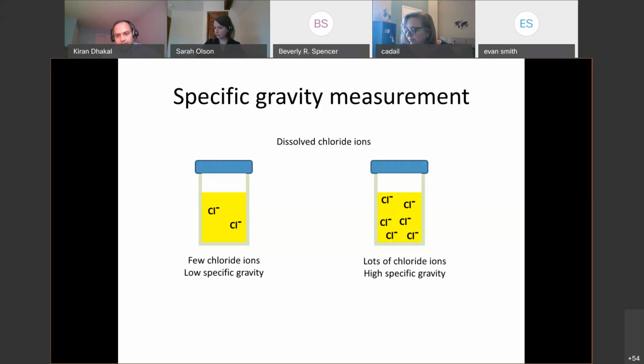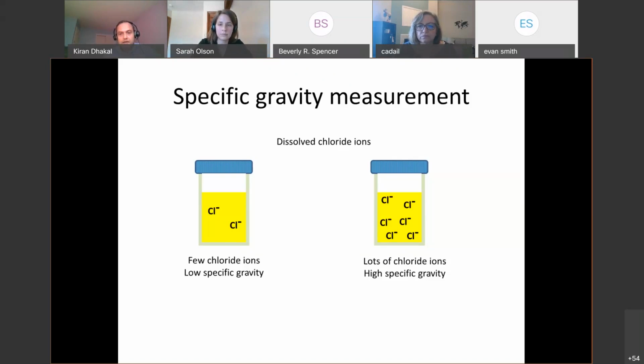There are a lot of dissolved small chemicals, small molecules in urine specimen. It is distinct from water. First thing, it has a distinct yellow color. And the specific gravity is based on one specific type of chemical, chloride ions.